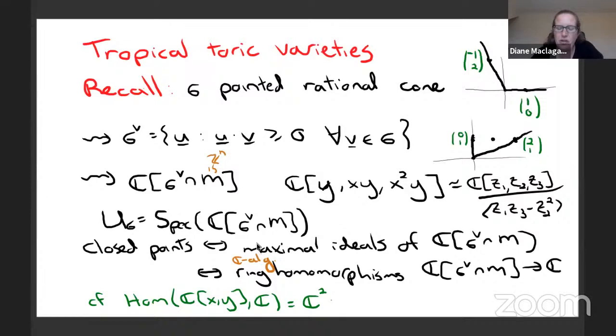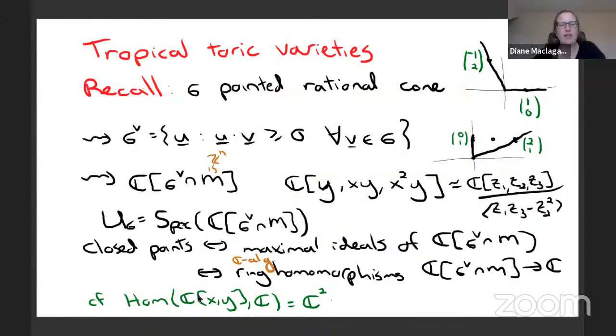And now what are the points of the space? The points of the space, or closed points being technical, correspond to maximal ideals of this ring. And that's going to correspond exactly to C-algebra homomorphisms from the ring to the complex numbers.